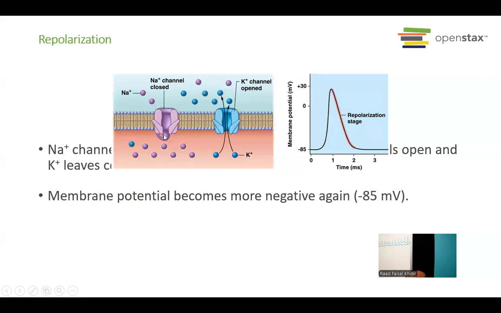Pop, you put the cap. So now no more sodium flowing in. Now potassium effluxes, and as potassium gets out while the sodium cap is closed, you have a repolarization. We go down until we hit our minus 85 and we remain there.